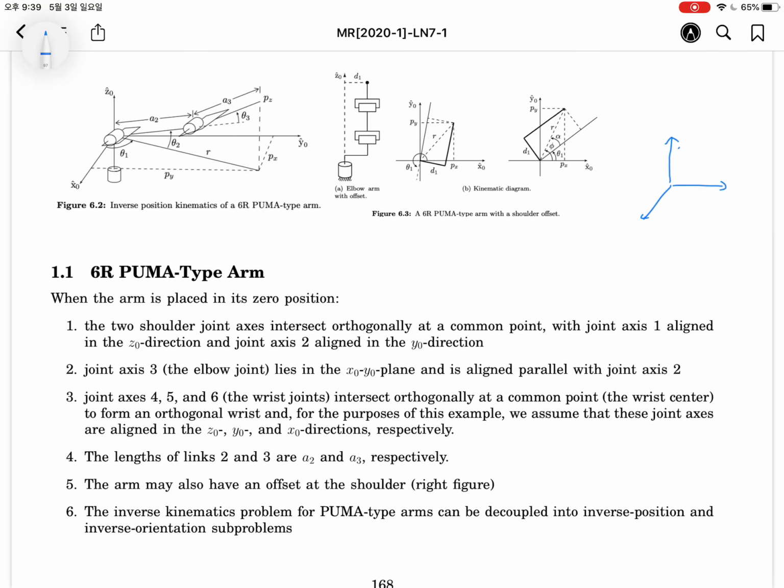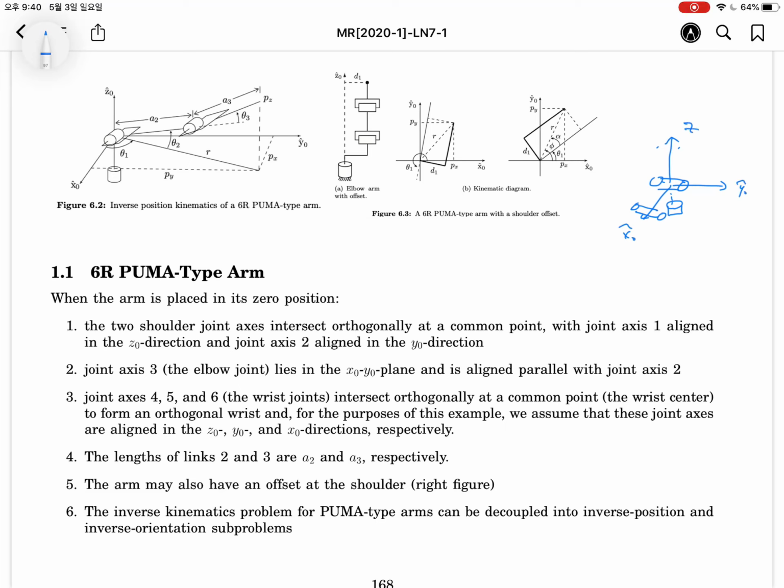This is the X, this is the Y, this is the Z. This is the electric motor, and this is another electric motor, and the y-axis maybe. Okay, and the third joint angle is here.